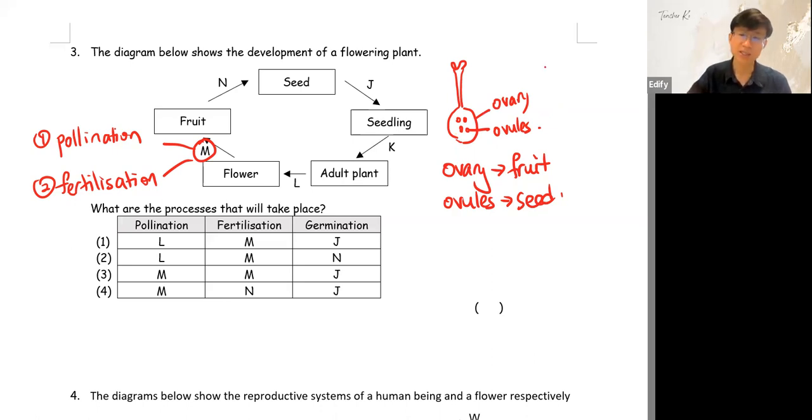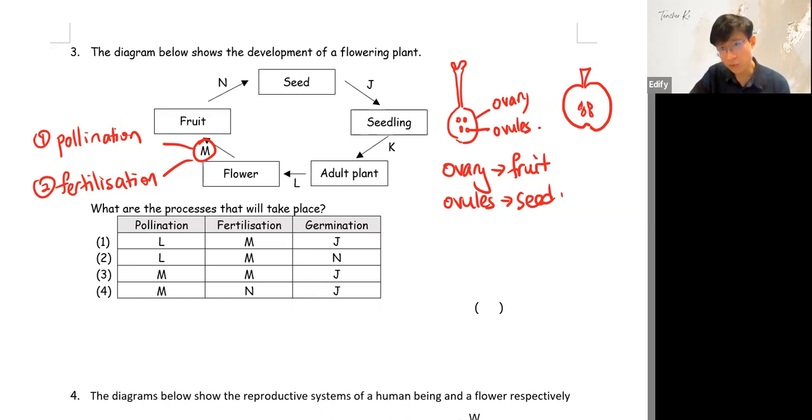So if you look at a cross section of an apple, if this is an apple and you cut it in half, won't you see seeds in the apple? Right, you will see some seeds in the apple. The seeds are inside.